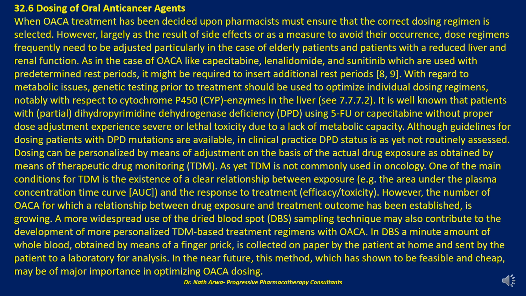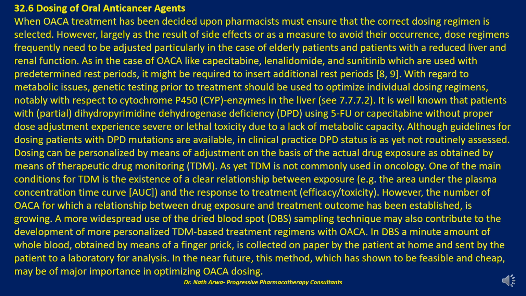With regard to metabolic issues, genetic testing prior to treatment should be used to optimize individual dosing regimens, notably with respect to cytochrome P450, abbreviated as CYP, enzymes in the liver, see 7.7.7.2.